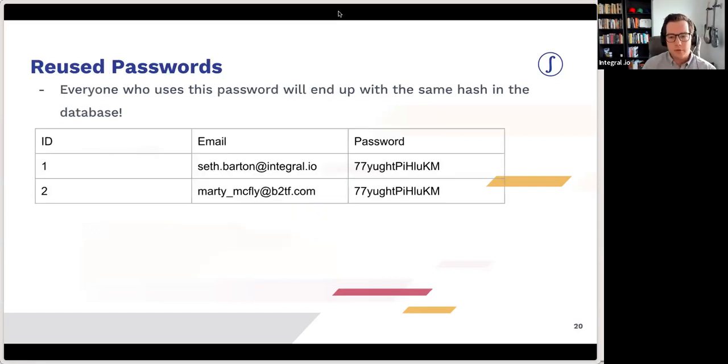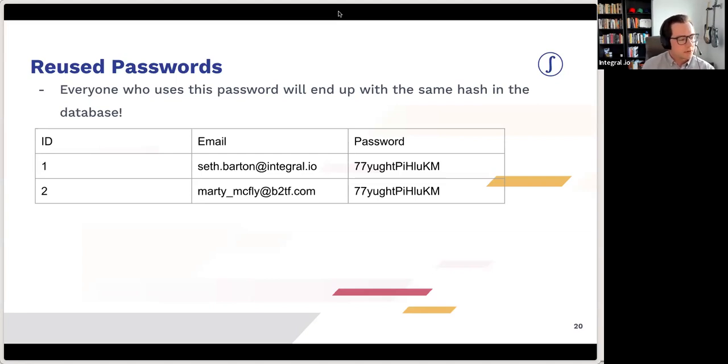And then there's the problem with reused passwords. If the attacker is able to print out your user's database table, which is already a huge problem, in this theoretical scenario, we're supposing that he has some kind of injection attack that he's been able to perform on your website, or he's gotten access to the database in some other way.